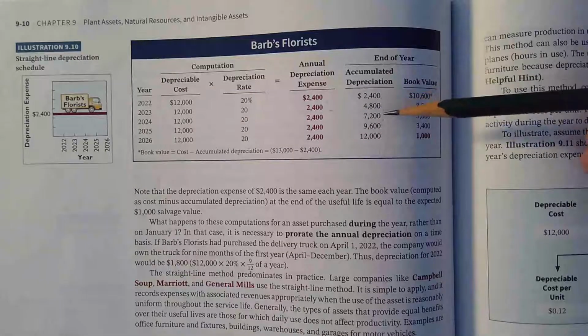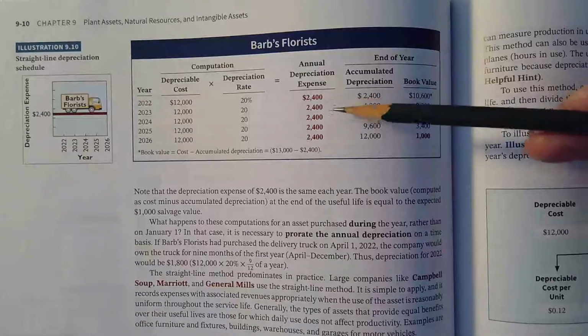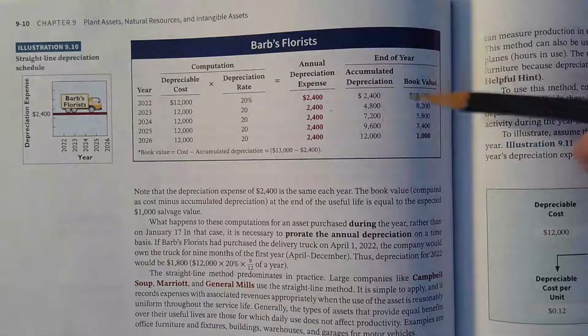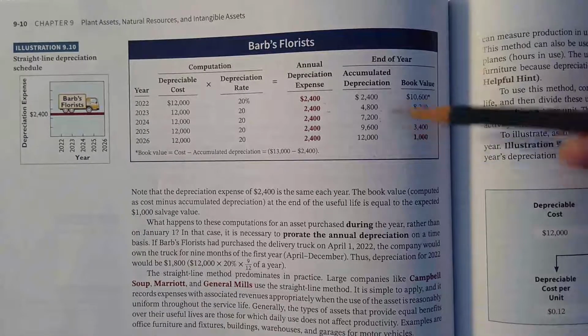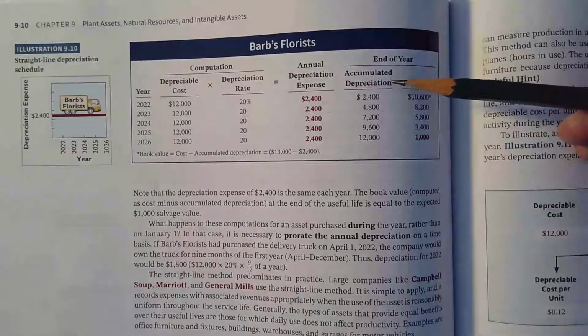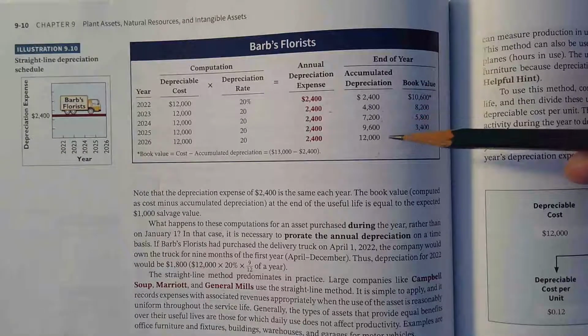This column keeps going up by 2,400 because every year you write off 2,400, it increases this number by 2,400. That's why it's called accumulated. Accumulate means it goes up and up and up. In the last year, the accumulated depreciation comes out to 12,000 because that's what you wrote off.